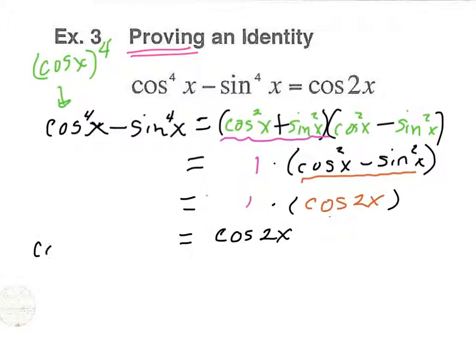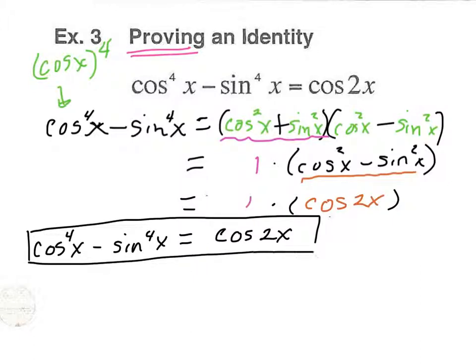So I have proven that the cosine to the 4th of x minus the sine to the fourth of x is equal to the cosine of 2x. So technically, we have yet another formula that we could use here as a double angle formula for cosine. I'm probably not going to use that, but as I said earlier, those ones above are not the only ones that are out there. They're just the most popular ones, the most useful ones. All right, so any questions on that one?